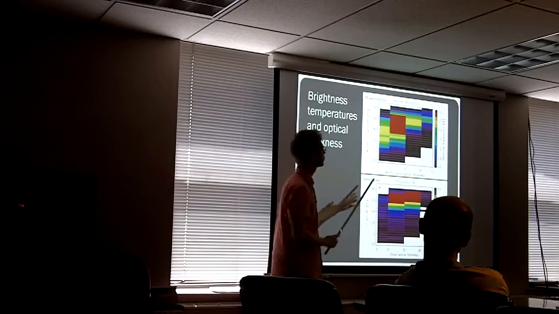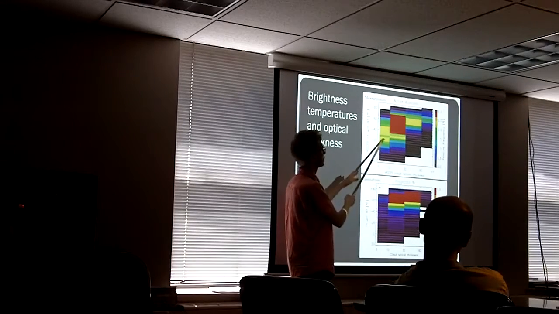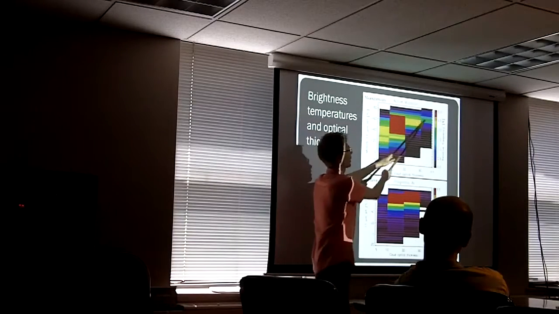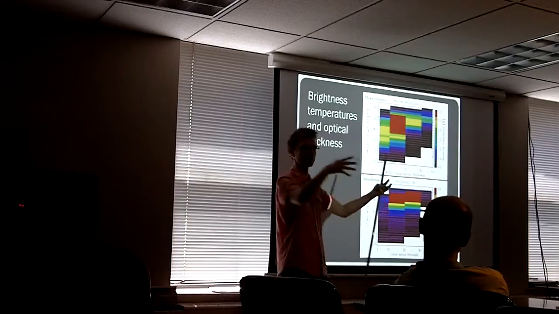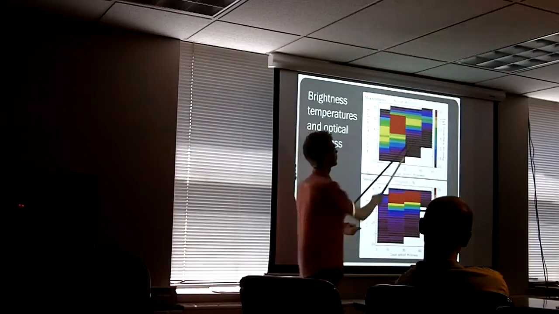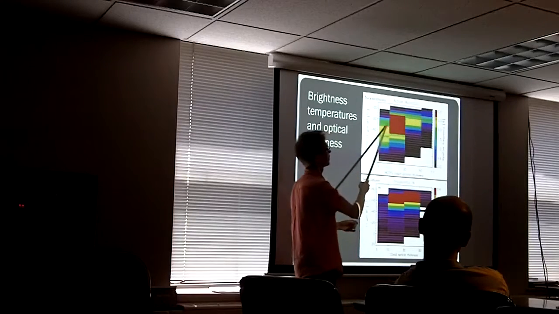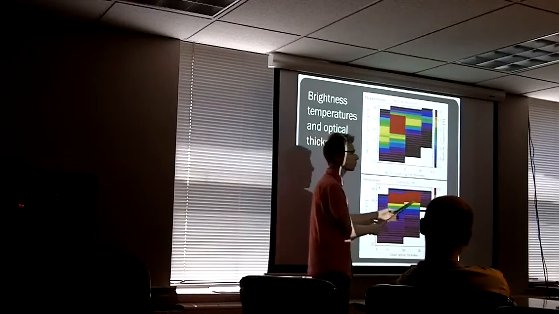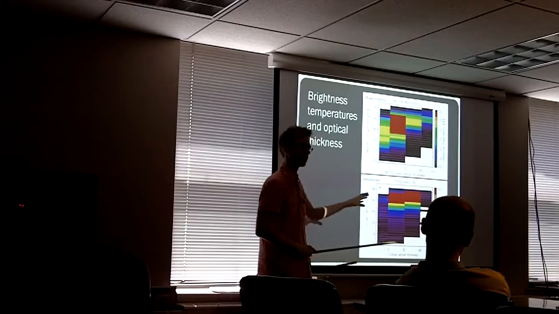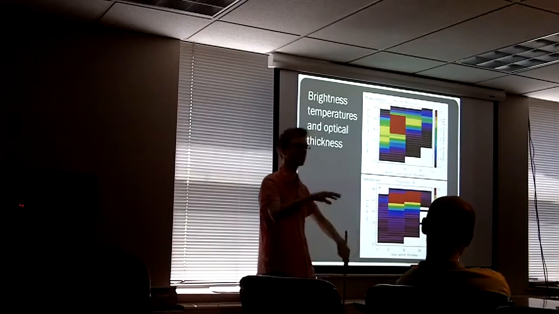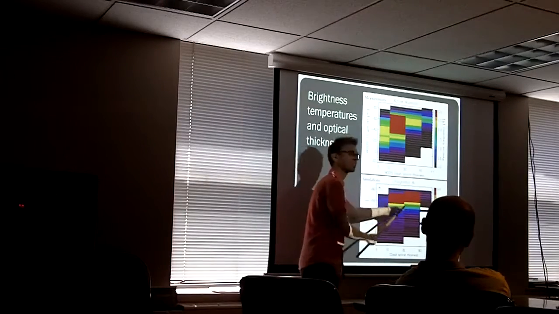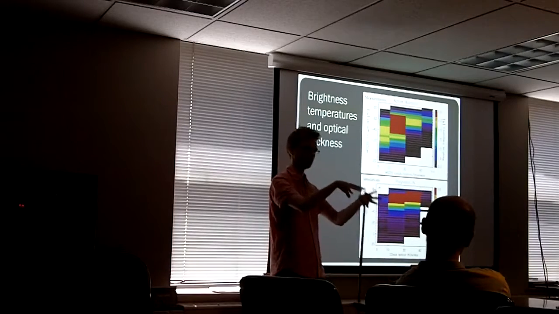So yes, I interpreted this as a time evolution where you have developing stuff and then you have the very thick, matured anvil clouds, and then you have the dying out.